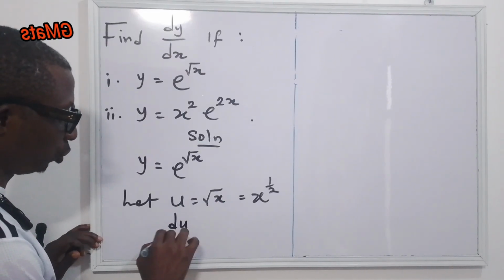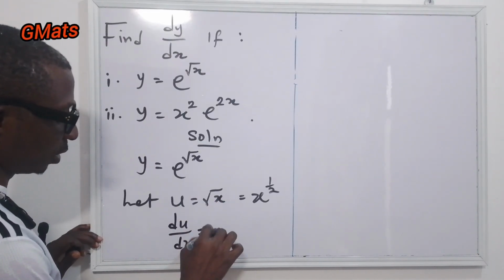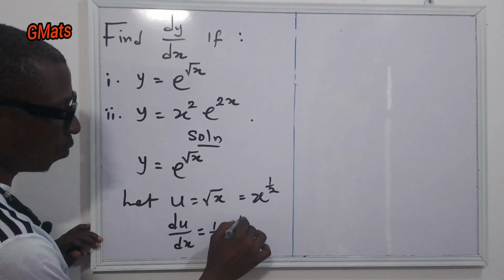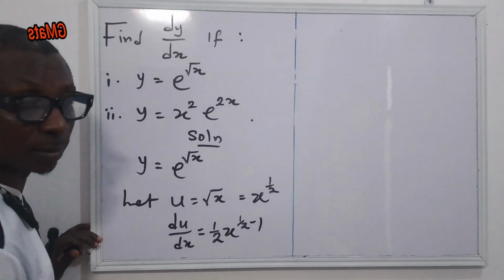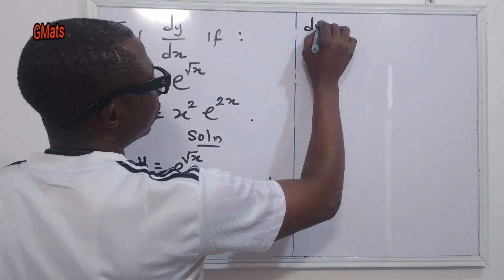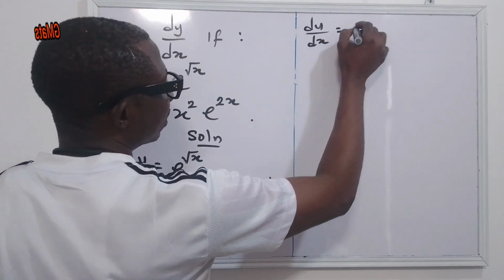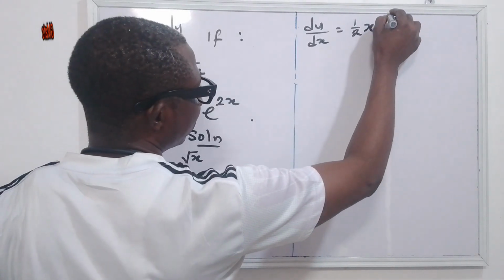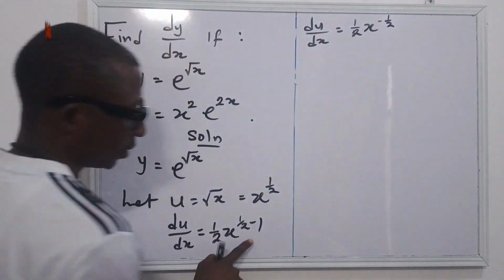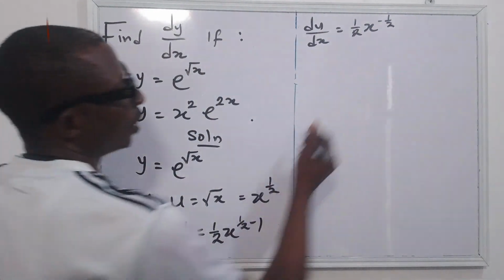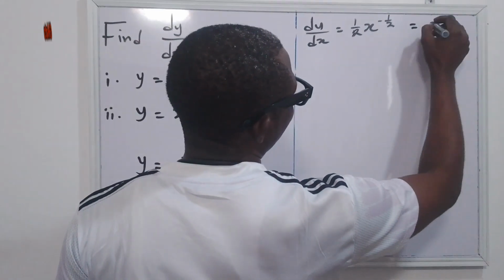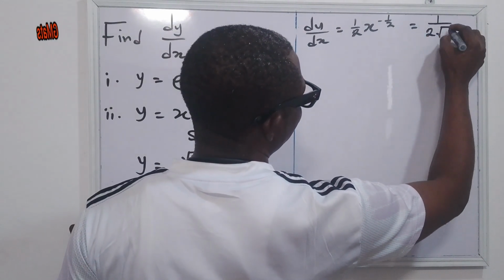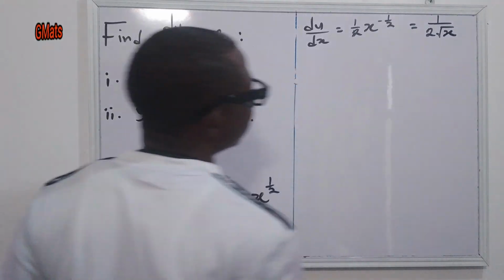So we have du/dx equals 1 over 2 x raised to the power of 1 over 2 minus 1, and du/dx is 1 over 2 x raised to the power of negative half. Can you see that? So you can tidy it up this way: 1 over 2 square root of x.